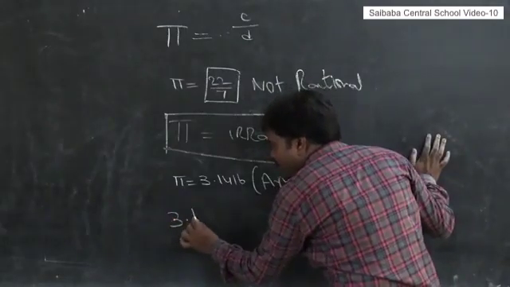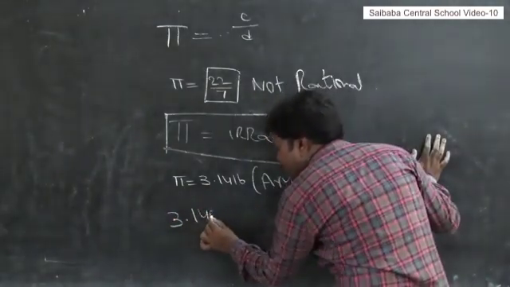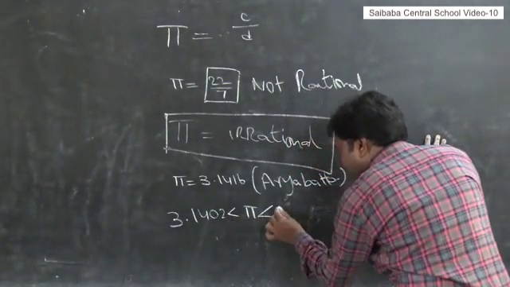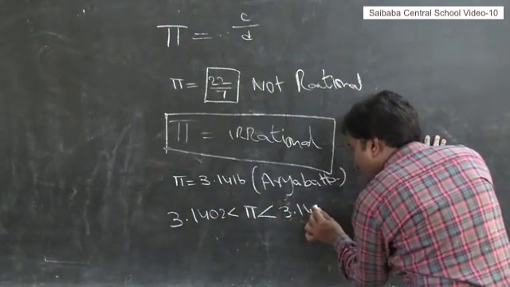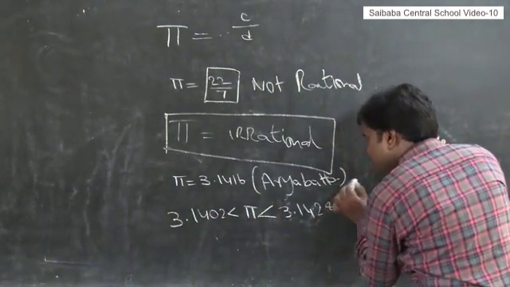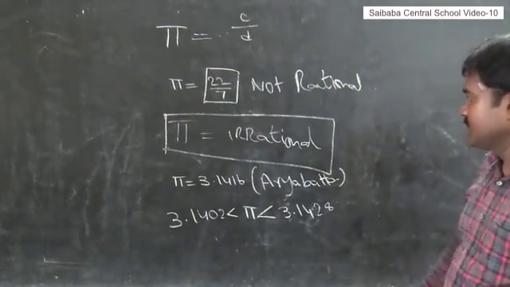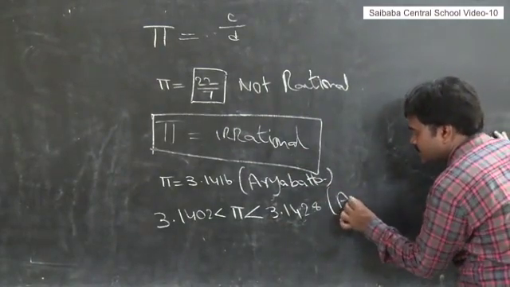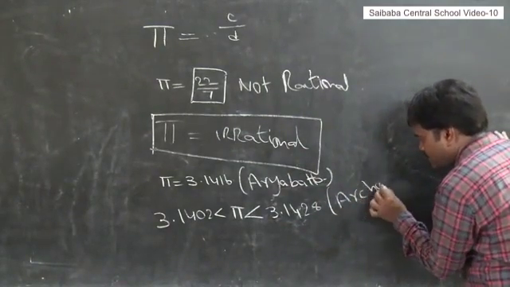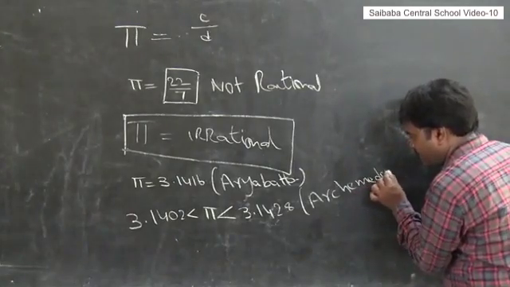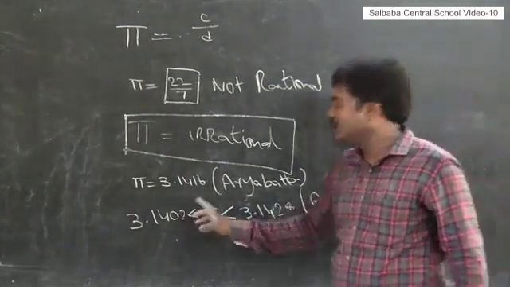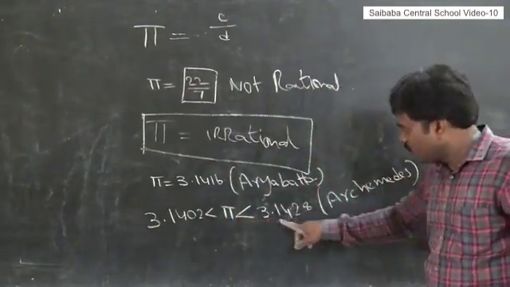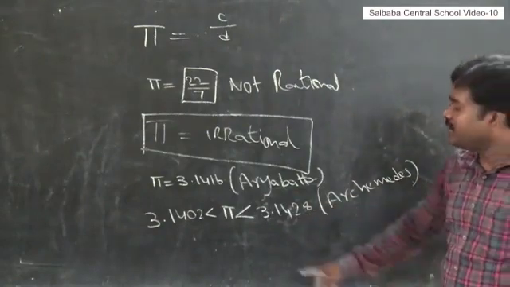He said that the pi value lies between 3.02 and 3.1428, in between these two.